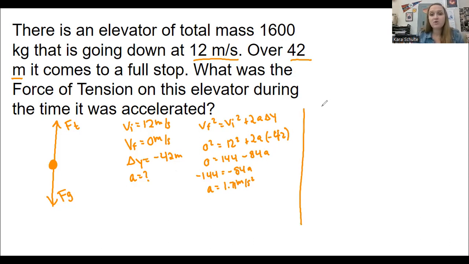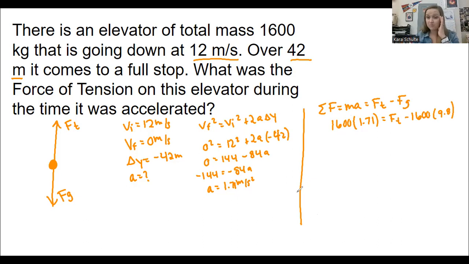So now we can go and do our forces. Sum of forces is equal to ma, Newton's second law, and our tension force goes up and our gravitational force goes down. Our mass of the elevator is 1,600 kilograms. Our acceleration is 1.71. We don't know FT, and the force of gravity is going to be 1,600 times 9.8.